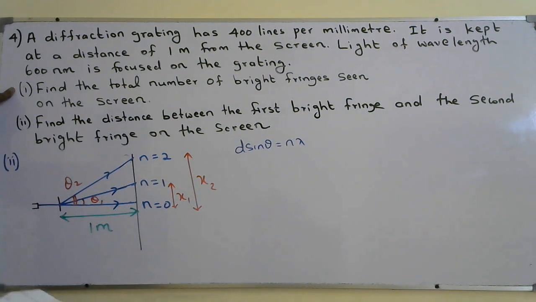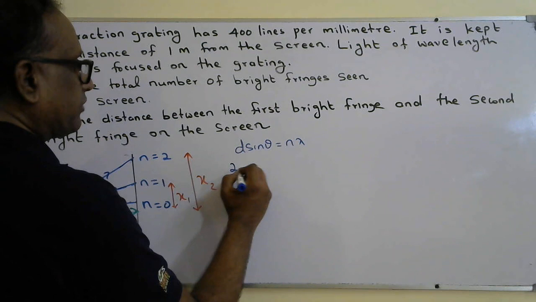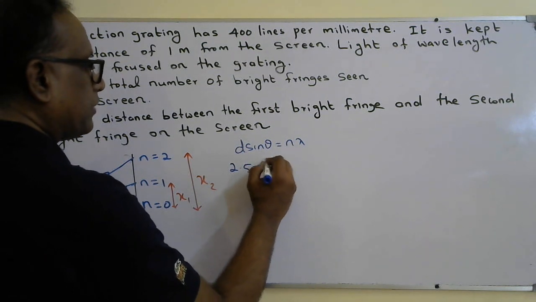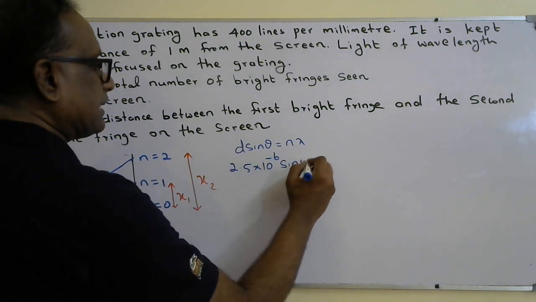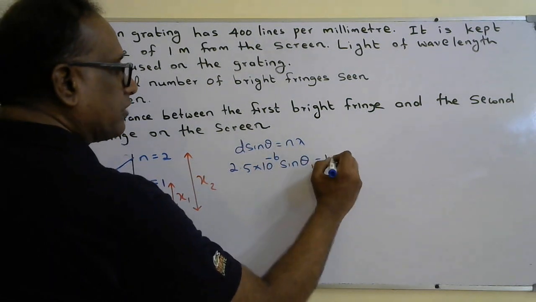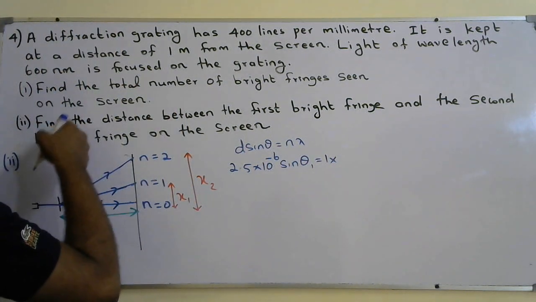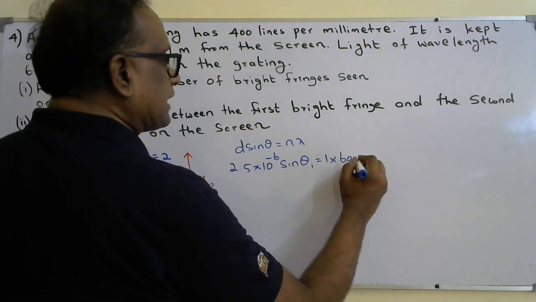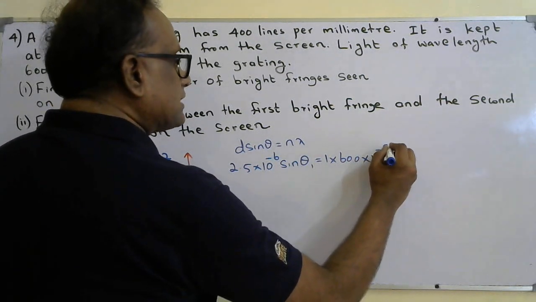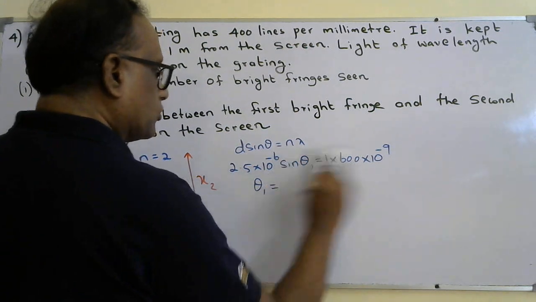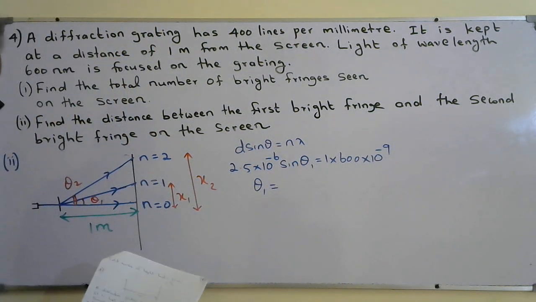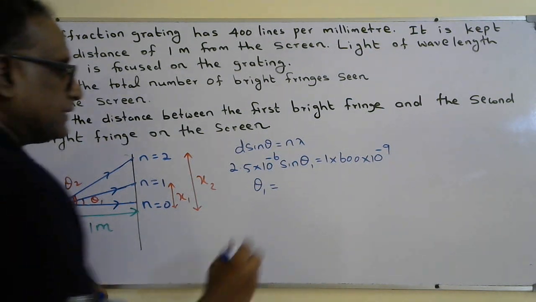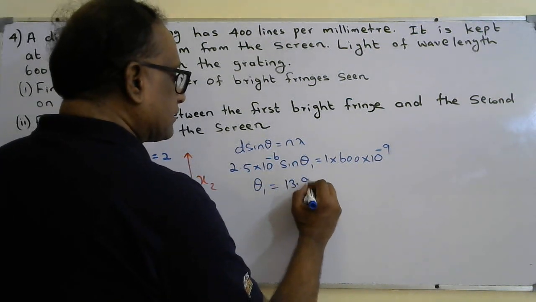So 2.5 into 10 to the power minus 6 sin theta 1 equals n equal 1, lambda equals 600 nanometers, 600 into 10 to the power minus 9. Find theta 1 here. You know how to solve it. Your calculator must be in degree mode, not radian mode. So theta 1 will be 13.9 degrees.